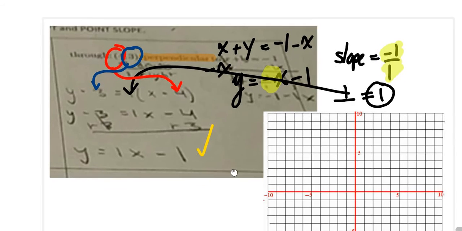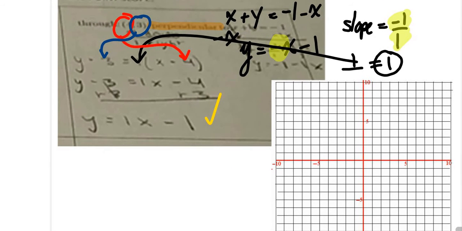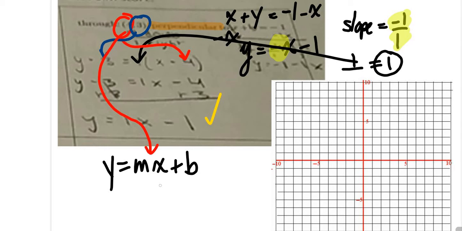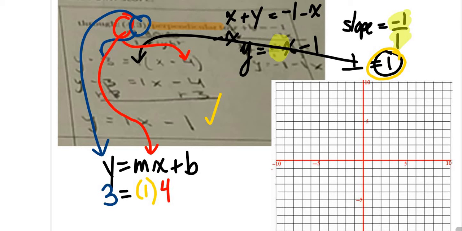Let me just show you my method so that you can see how you're going to end up with the same thing. So I'm going to do y equals mx plus b. And in this case, I'm going to take that x, I'm going to put it right here, that's 4. That y, which is 3, and then my slope is going to be a positive 1, and I solve for the b.